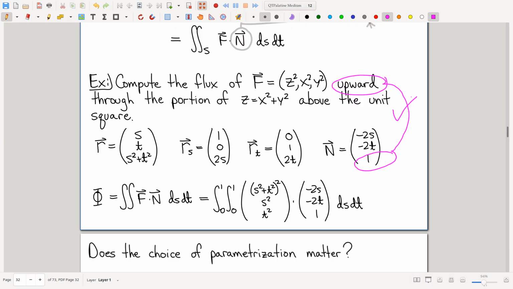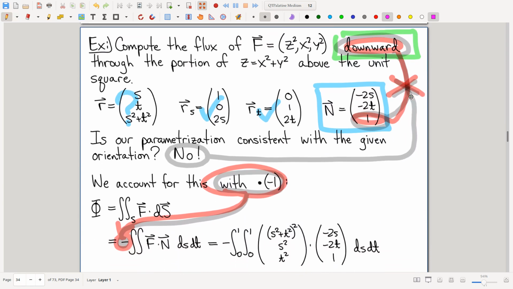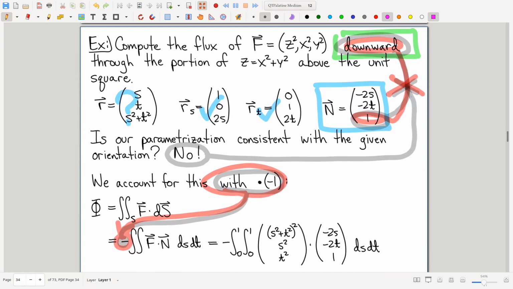Okay. Now, the first big important thing, make sure that you check. You have to remember to do that. The second important thing, when you insert the minus sign, you have to insert the minus sign in the correct place. Now let me explain why where I've put it is the correct place. We were asked to orient downward.